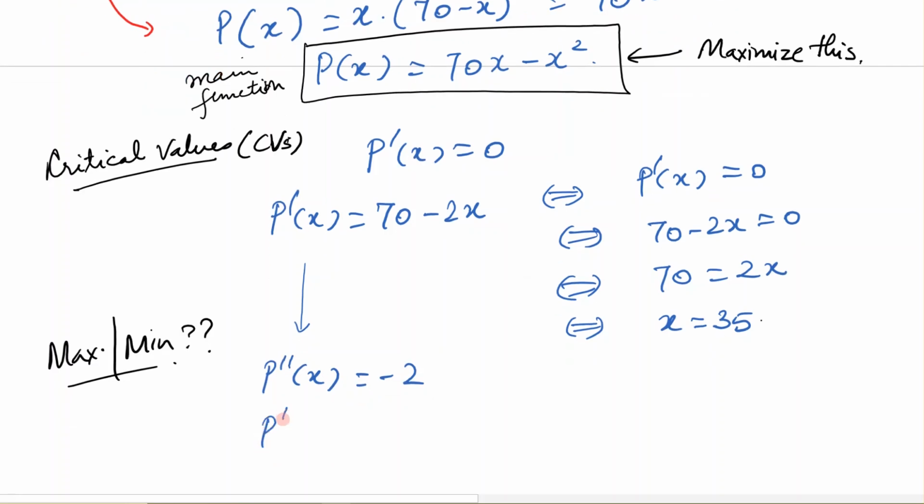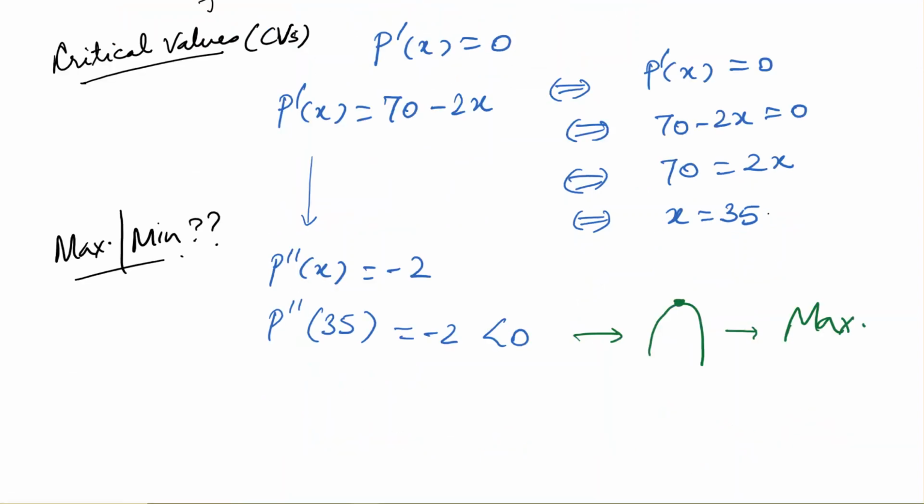So it doesn't matter, if you put x equal to 35, your critical value here, again it's negative 2, which is less than 0. Second derivative negative means concave down. So that means it's a point of maxima. So our product is maximum when x is 35.